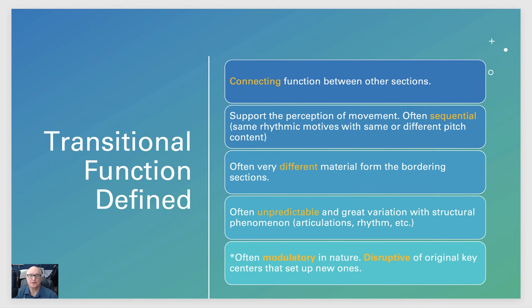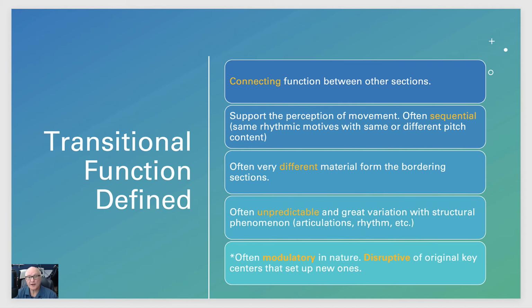So it supports the perception of movement. Often it's sequential, so it could be something as simple as that, which all of a sudden takes a sequence into a new section. It's often very different material from what we've heard in the exposition. So in other words, on the bordering sections, it's different from what precedes it and what follows it.